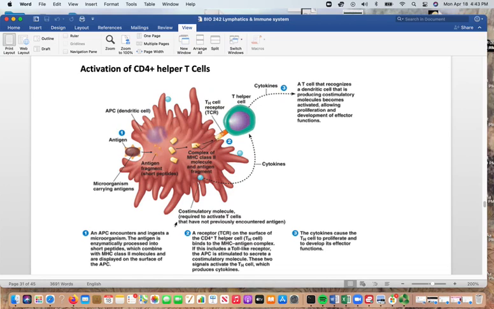The T cell receptor on the surface of the CD4 is going to bind to the MHC antigen complex. The cytokines will cause the T helper cell to proliferate and differentiate. And this can produce your co-stimulatory molecules.